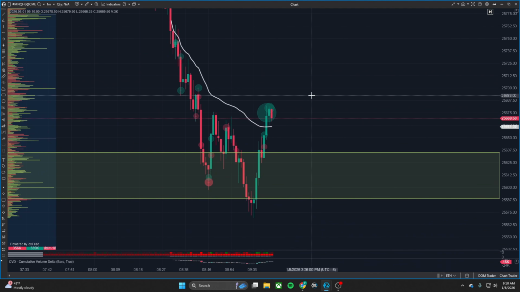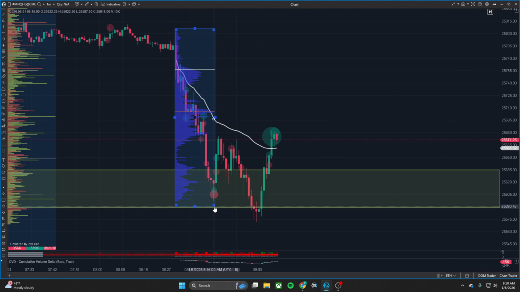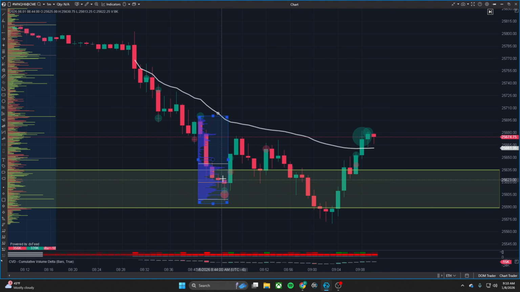I don't really see where I would want to enter. We could try to mark out this entire move, but maybe this move. There's a good ledge here. Also a good ledge up here.